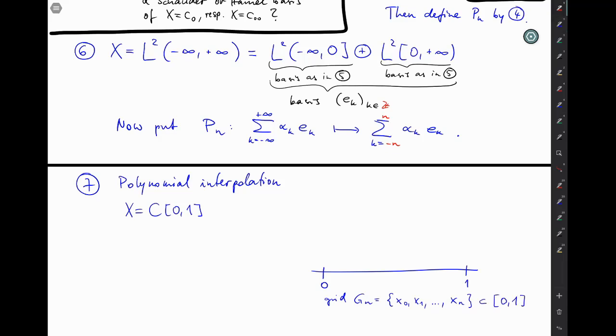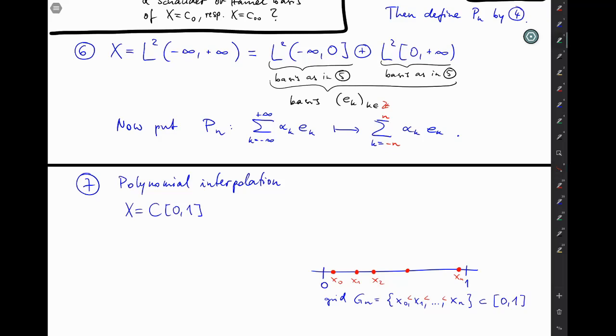And let's assume the enumeration is so that the points are monotonically increasing. Note that this grid doesn't need to be equispaced, so the spacing between 2 points could be different from one to another. Of course, it makes things easier to make them equispaced, but not always better.